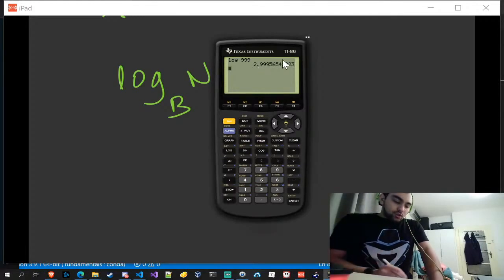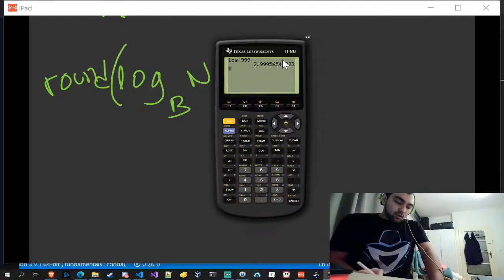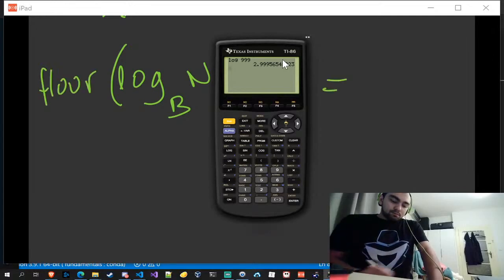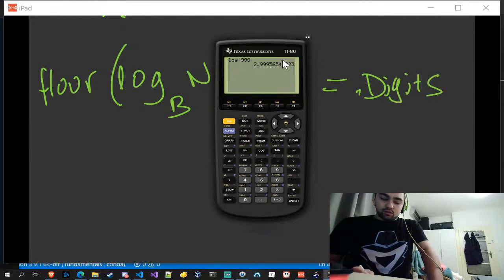So of course we have to add 1, and we have to round down. We have to floor it actually, not round it. If we floor this, it's always going to give us the number of digits required for that particular number in that particular base.